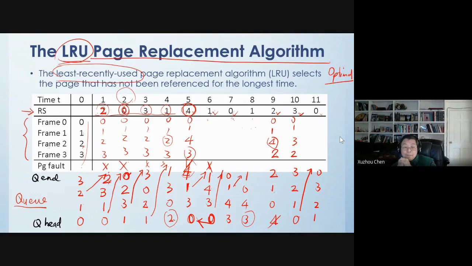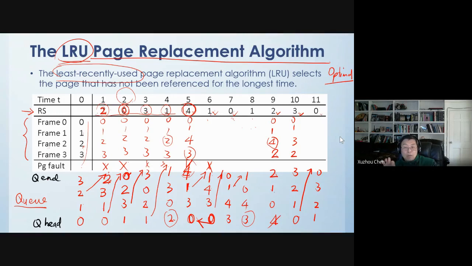Now, the least recently used page replacement algorithm is based on this kind of idea. If a page has been recently referenced, then for whatever reason, it will most likely be referenced again.